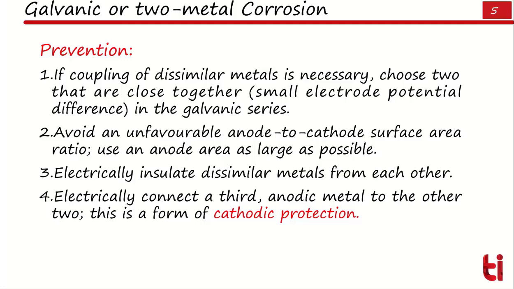Now you also want B to be protected. So what you can do is connect B with another third metal, let's call it A. The electrochemical potential of A is such that it is greater than B. So now with reference to B, A becomes anode, and hence A will get corroded.